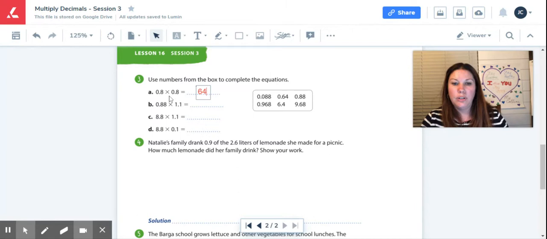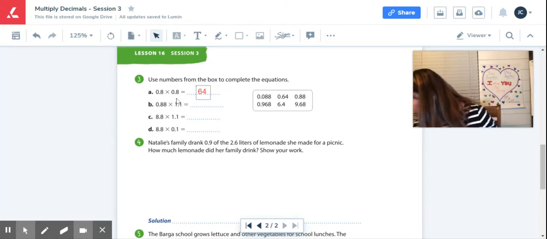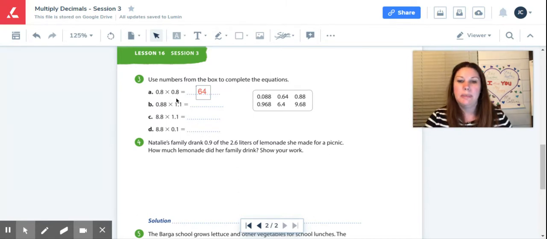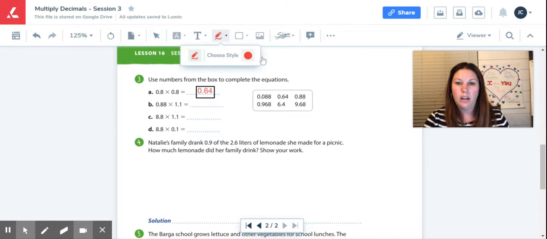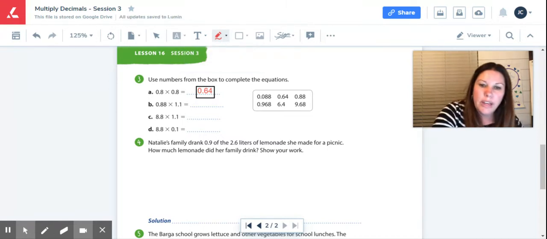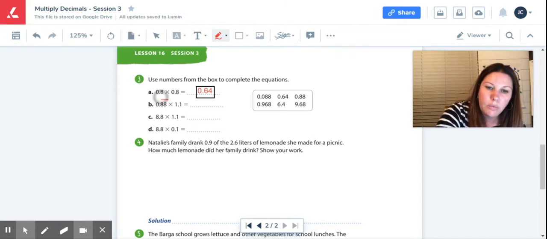And I have 2 decimal spaces. So if I have 2 decimal spaces, that means my answer is actually going to be 0.64, because there are 2 decimal spaces after the decimal.